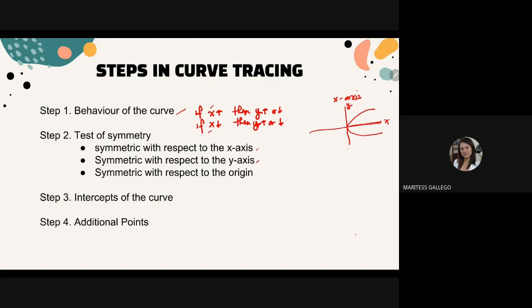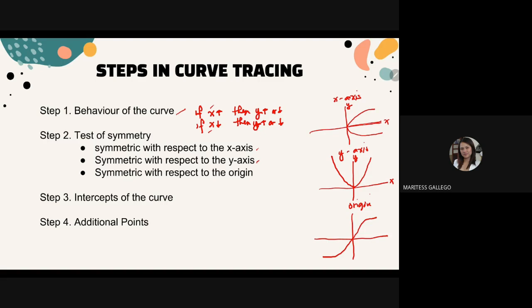Next is the y-axis. How will you know if it is symmetric with the y-axis? If you have your y-axis, and let's say this is the graph in your first quadrant, then in the second quadrant it is the same. That's an example of symmetry with respect to the y-axis. When we say with respect to the origin, this will be the graph: if your graph in the first quadrant looks like this, then your graph in the third quadrant looks like this.